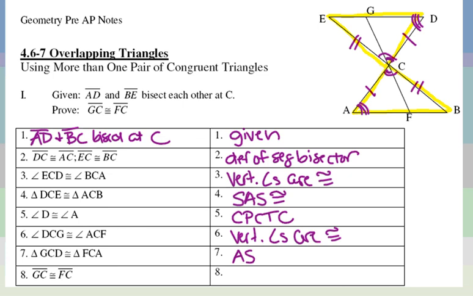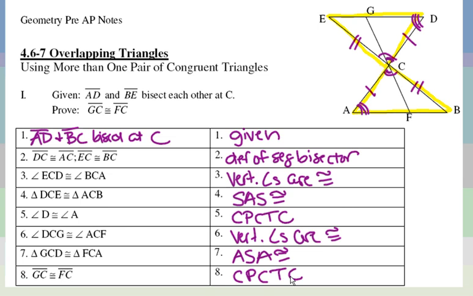Okay, angle side angle congruence. So there's my double triangle. First I proved one triangle, then I proved another triangle in order to get my pieces congruent. So now I can say that those two segments, those two sides of the triangles, are congruent by CPCTC.